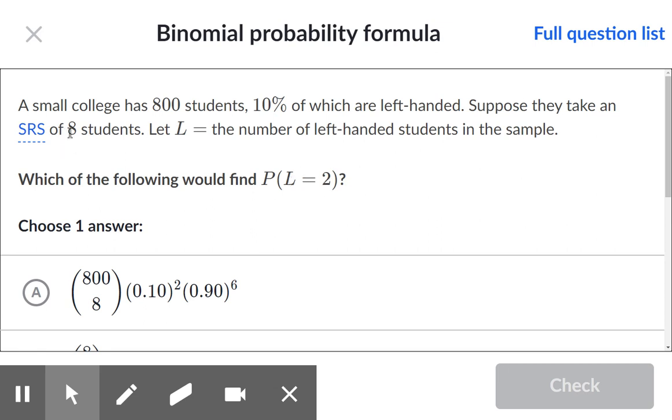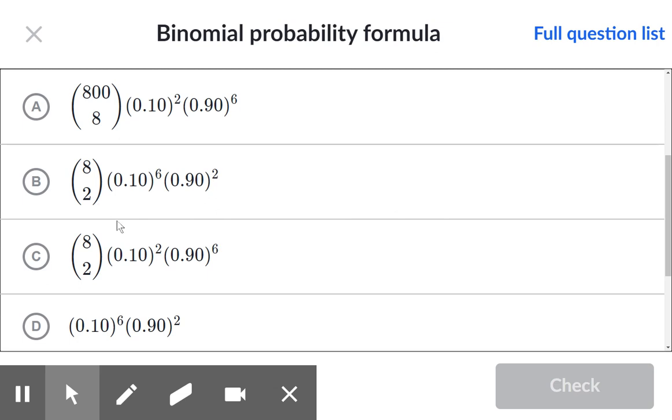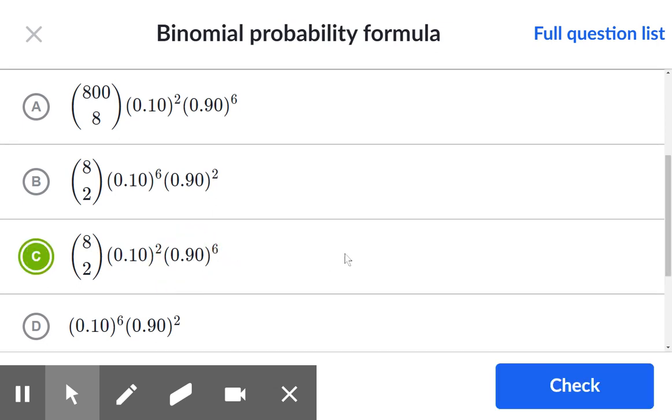So the answer would be 8 choose 2, and then the probability of success raised to the second power, and then 1 minus 0.1, which is 0.9, raised to the 6, because 6 plus 2 is 8. So the answer is C.